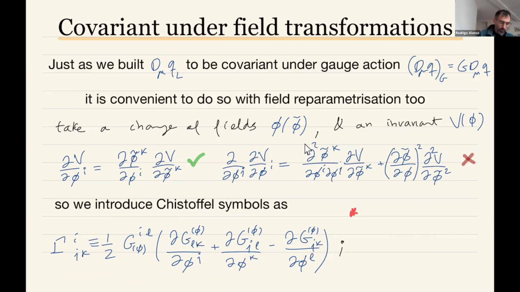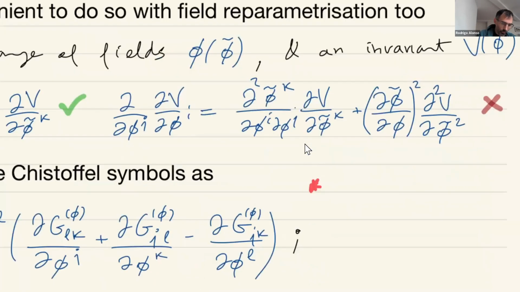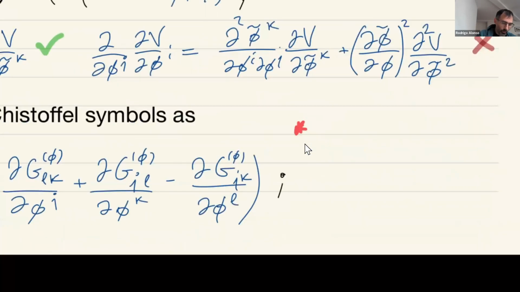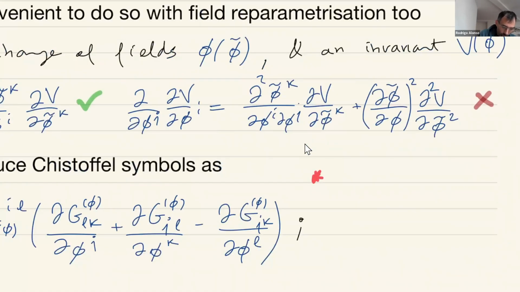It is given in terms of derivatives of the metric with respect to your coordinates, in this case fields, and we obtain in this way this field metric, so that in particular we wanted to write the covariant second derivative for function V, and this might come in handy, but we're running out of letters. Let me call this curly D the second derivative in there.